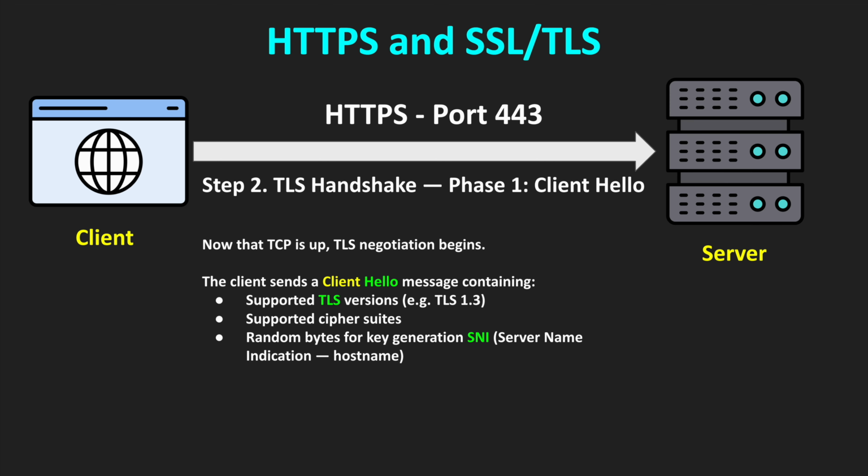It means which algorithms the client can use, because different web browsers may use different algorithms, and different algorithms might be supported by the server by default. The client also sends random bytes for the key generation, and the SNI. SNI stands for Server Name Indication.